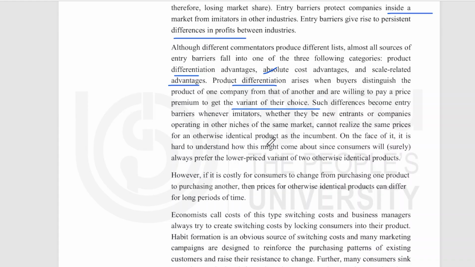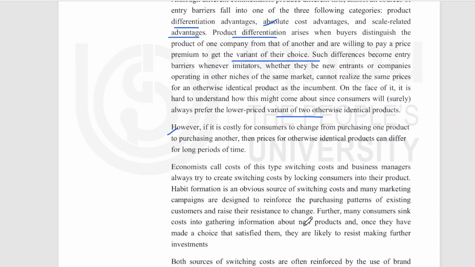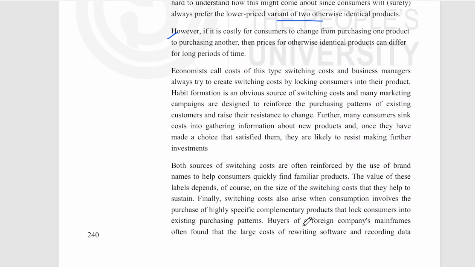On the face of it, it is hard to understand how this might come about, since consumers will always prefer the lower priced variant of two otherwise identical products. However, if it is costly for consumers to change from purchasing one product to purchasing another, then prices for otherwise identical products can differ for long periods of time.